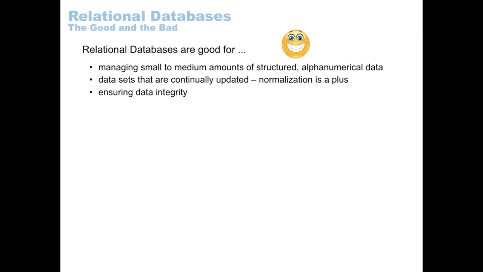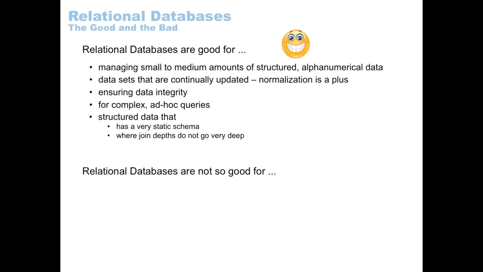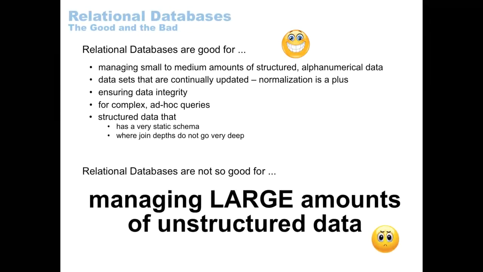They're good for ensuring data integrity, for complex ad hoc queries, and for structured data that has a very static schema and where your join depths are not very deep. So relational databases are not so good for managing large amounts of unstructured data.